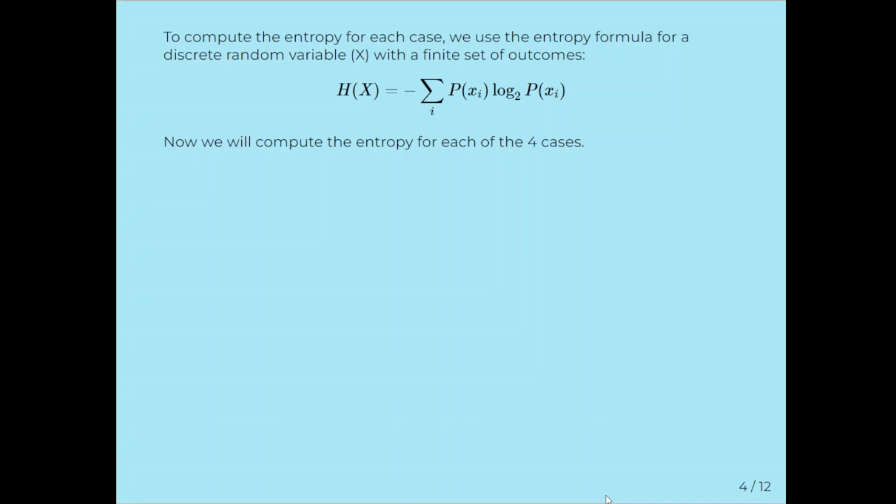Essentially, we multiply the probability for each character by the logarithm of that probability to the base 2, and then add them all up. Because this will result in a negative value, we have a negation there just to turn it back into a positive number. Now we will compute the entropy for each of the four cases.